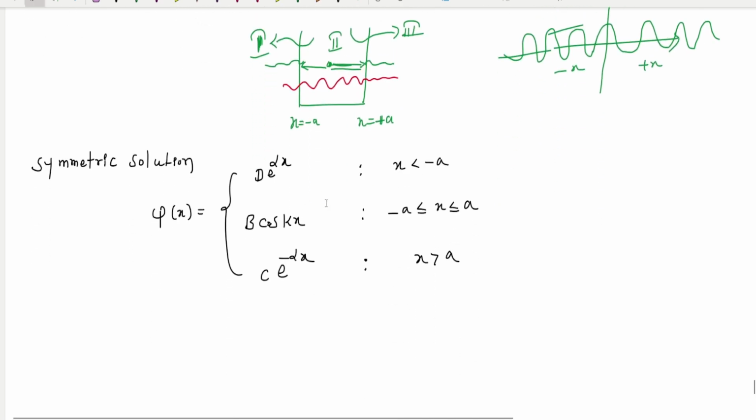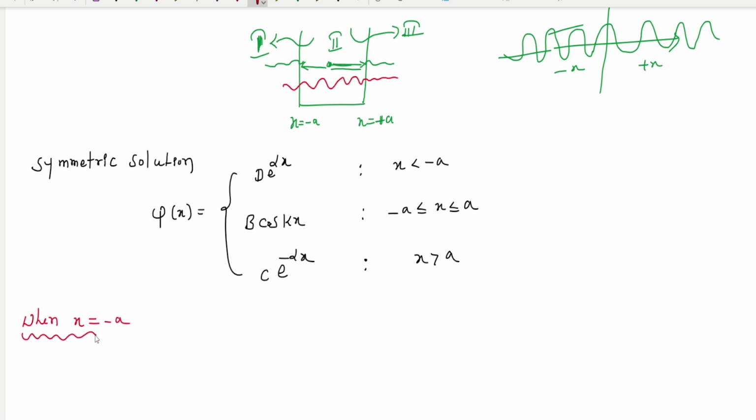Now I'm going to apply the boundary conditions. What is the first boundary condition?